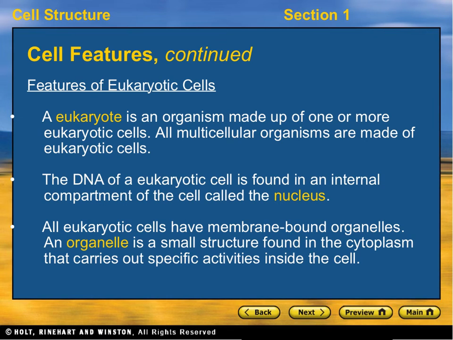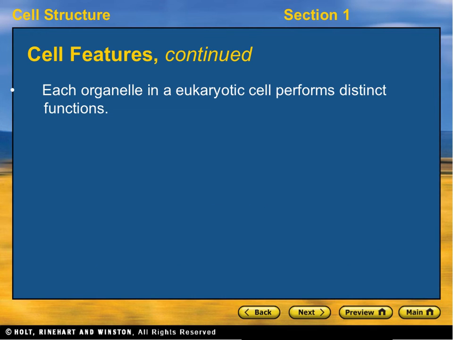Another difference is that eukaryotic cells have what we call membrane-bound organelles. An organelle is just a small structure that's found inside of the cytoplasm, and it will carry out a very specific activity inside of the cell. And we're going to talk about different types of organelles over the course of this unit and what those organelles do.